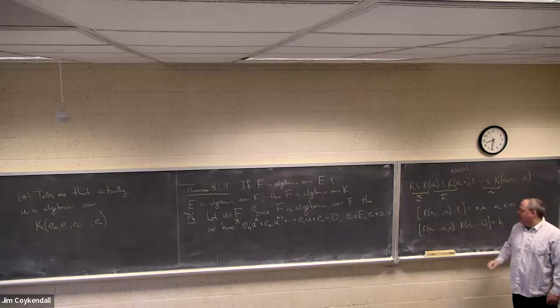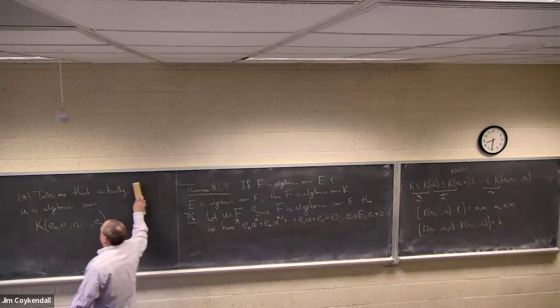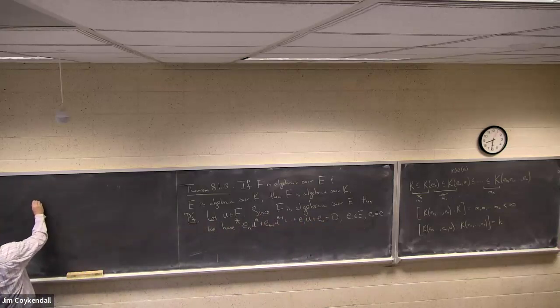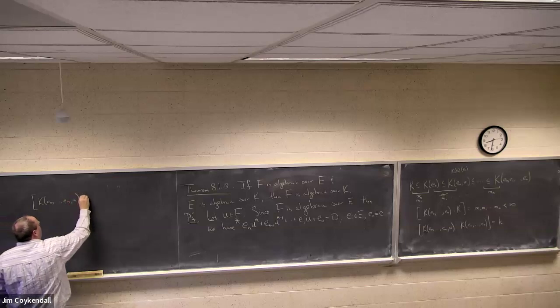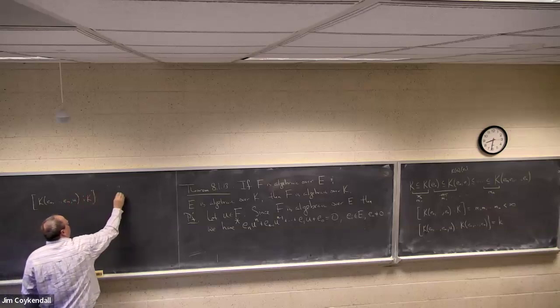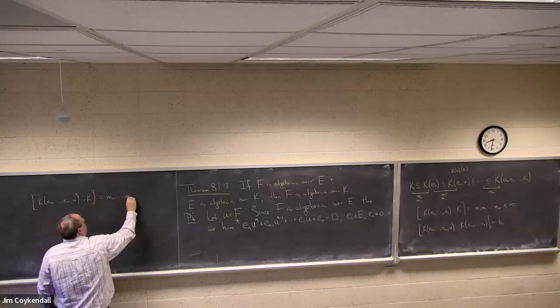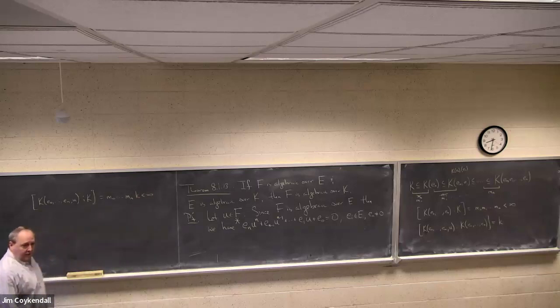And so the degree of K E naught E N U over K is equal to M0 up to Mn times k, which is less than infinity.